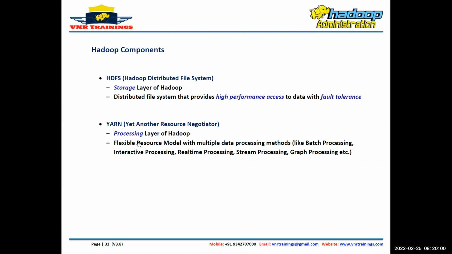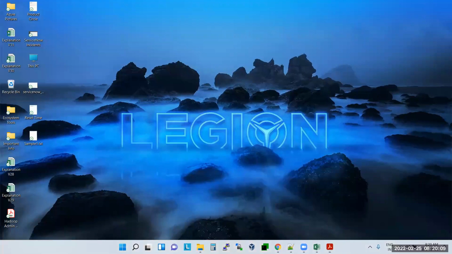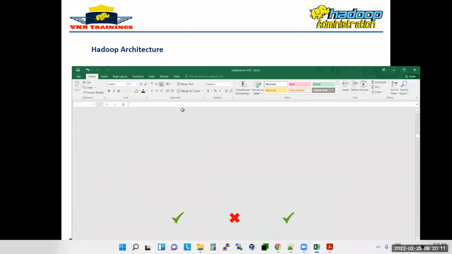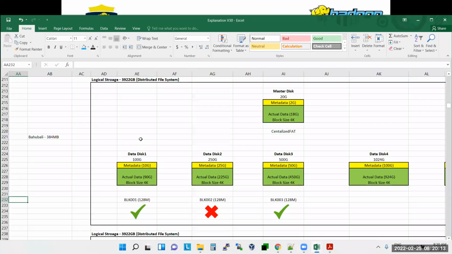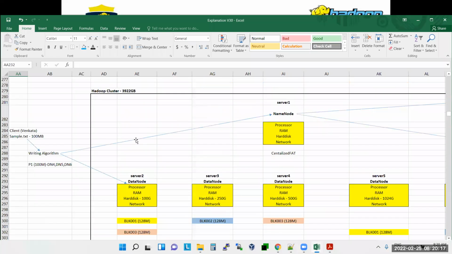We'll talk about the processing layer at a later stage, slowly. We understood Hadoop is a software which has both HDFS and YARN. Yes or no?